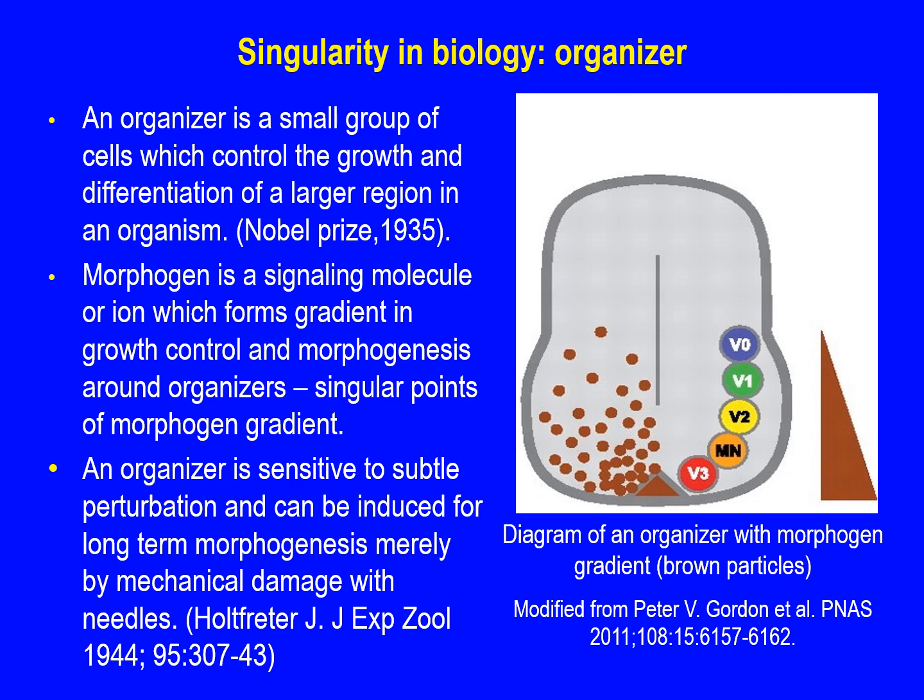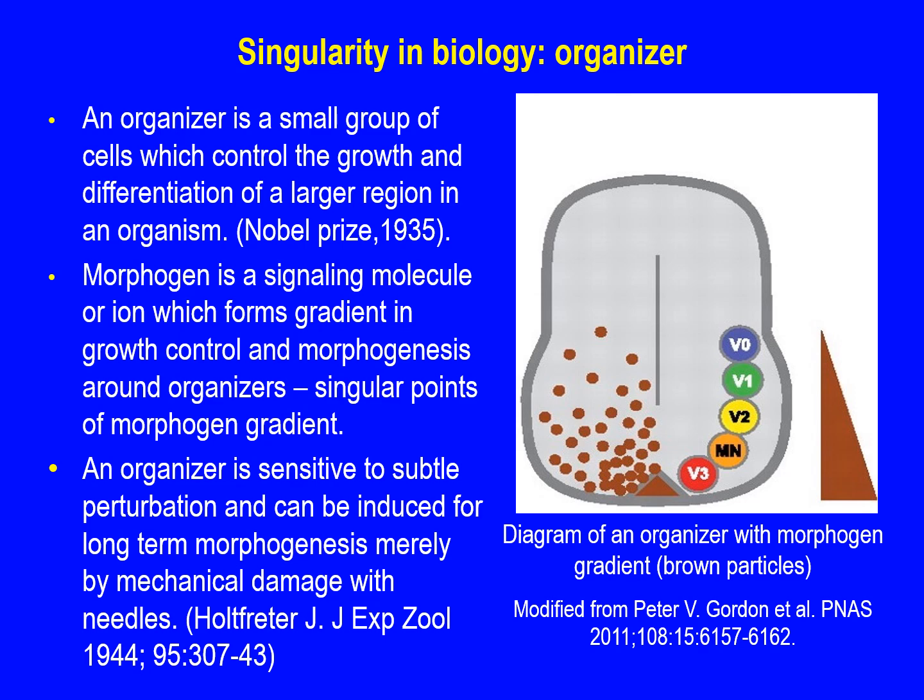On the right side is a diagram of an organizer. The brown triangle at the bottom of the diagram is the organizer for the notochord of this embryo, and the notochord is a precursor of a spine.